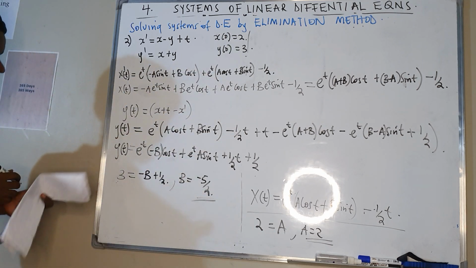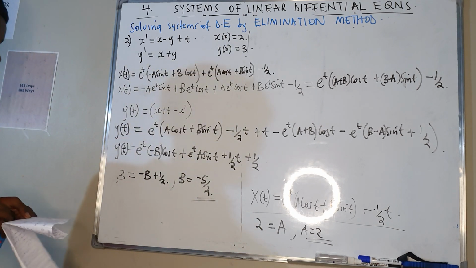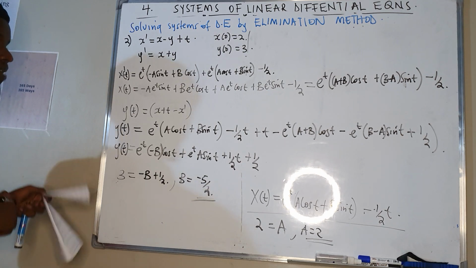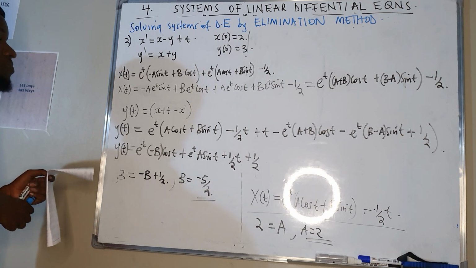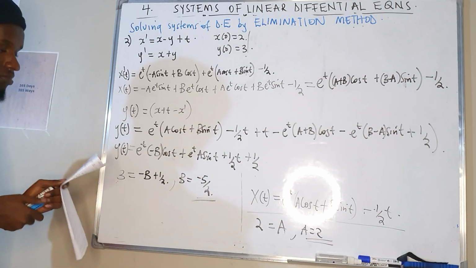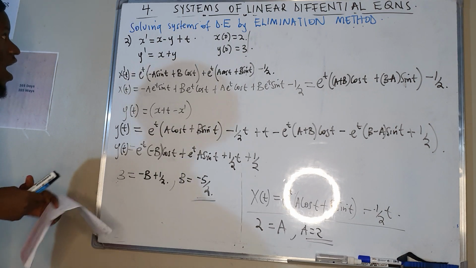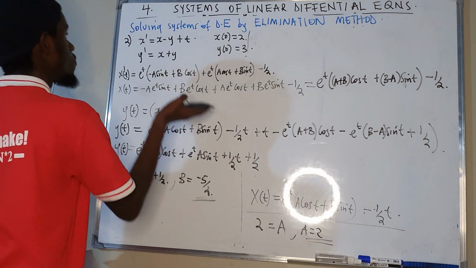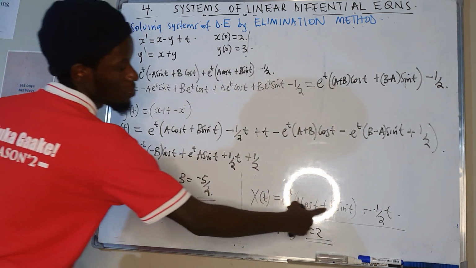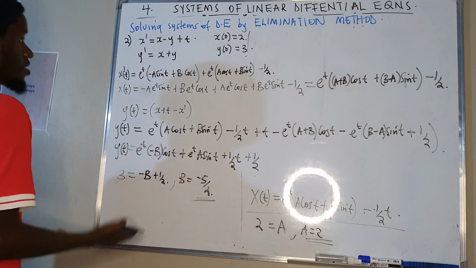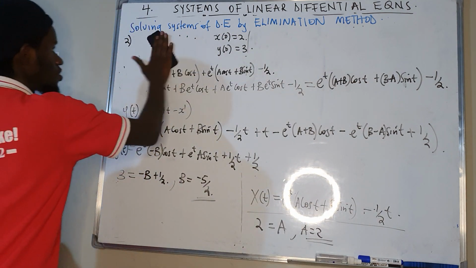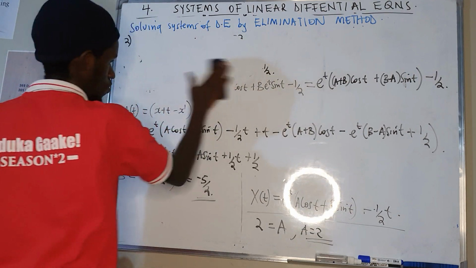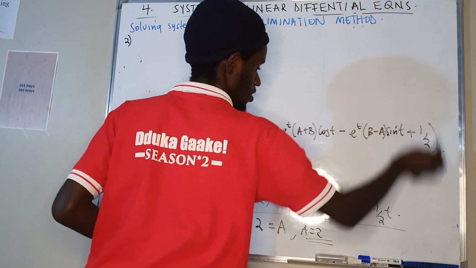Therefore, from this step here, I will be able to write my x at t and my y at t with ease without the b and the a in them. Therefore, my final solution without the b and a, my constants, is going to be like this.